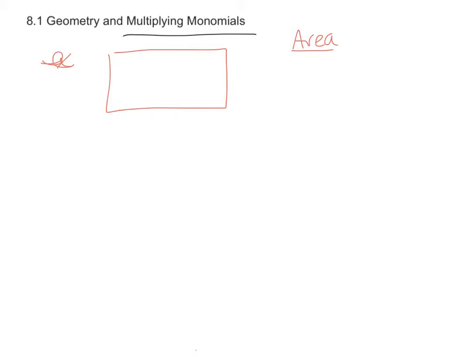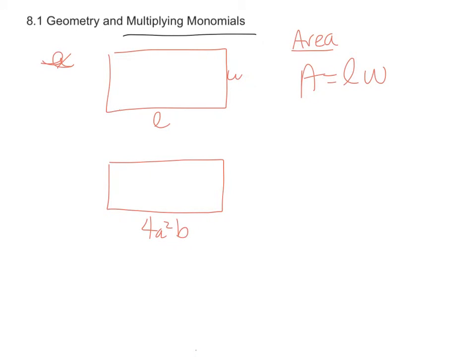So to find area of a rectangle, we're just multiplying the length times the width. Whatever they give you for the length and whatever they give you for the width, you're just going to be multiplying together. Say they give you 4a squared b for the length and 2a to the third b squared for the width.